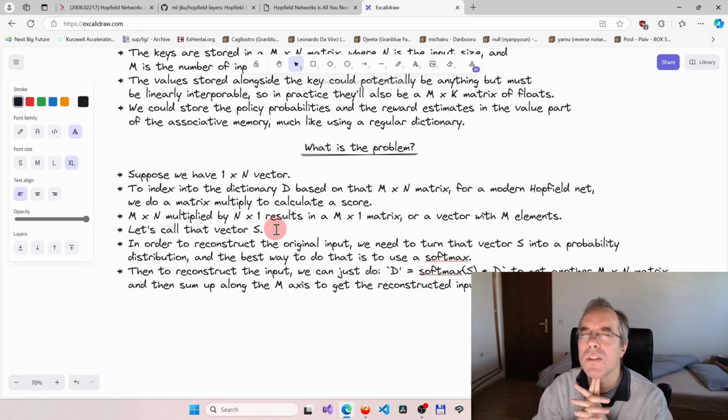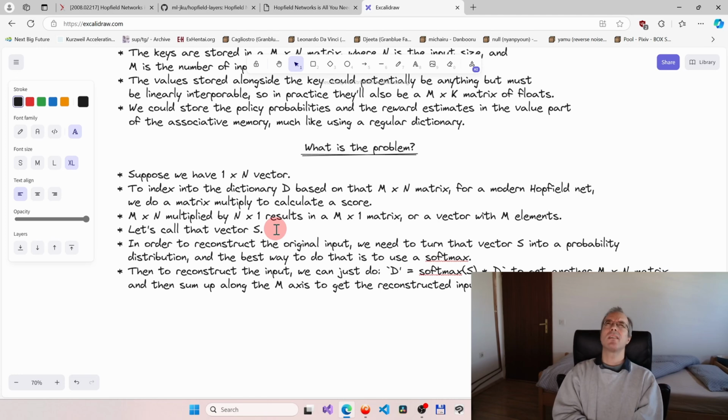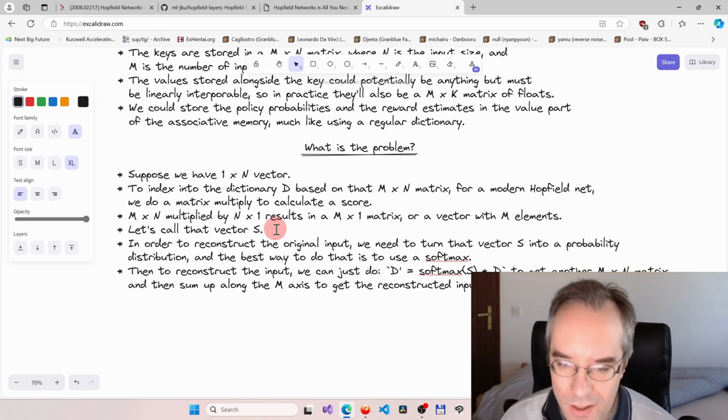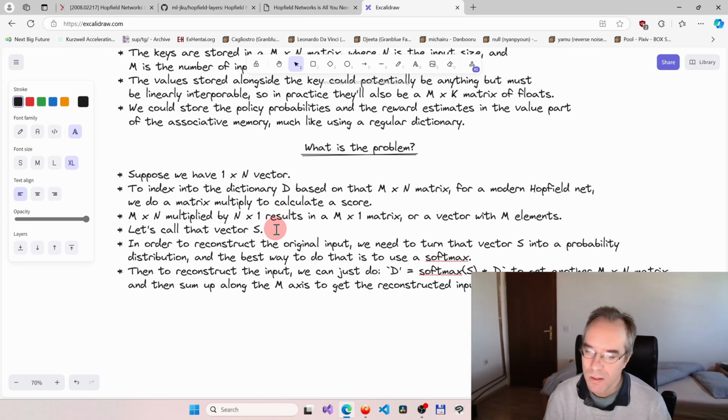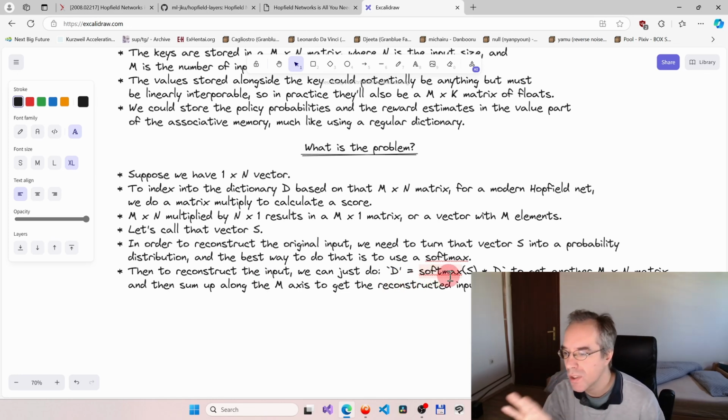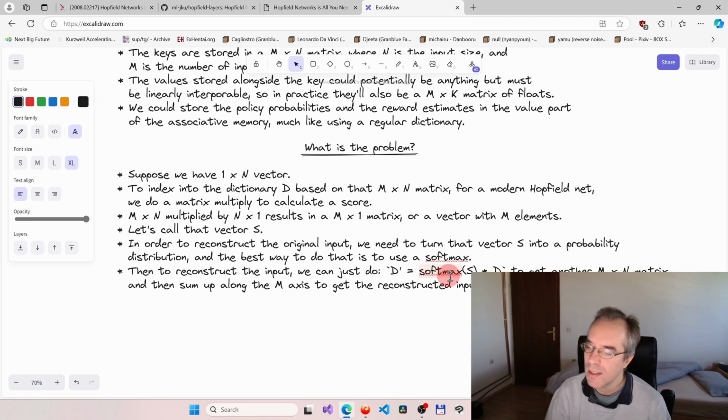The older Hopfield neural networks used a different activation, which was based on the sign, I think, and that activation had a much lower capacity. Then to reconstruct the inputs, we take that probability distribution and use it to multiply the dictionary, and that would give us another matrix. Then we sum up over the outermost dimension to get the reconstructed input.